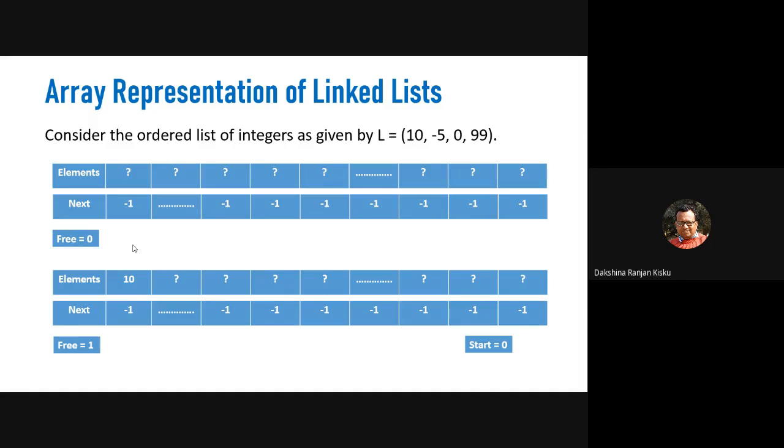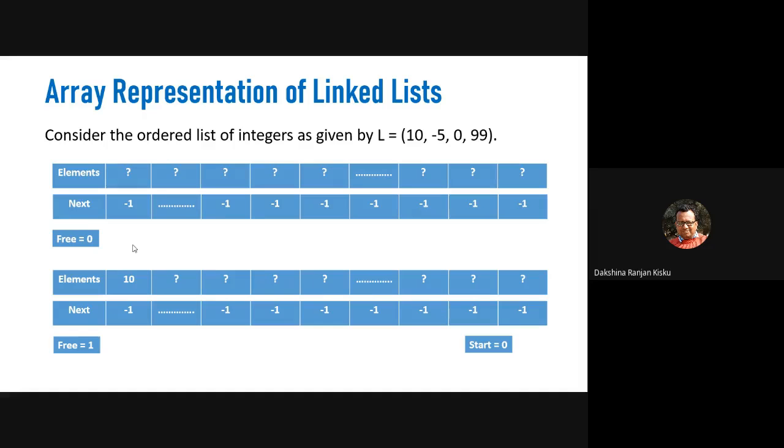Now to represent the linked list using array, we can consider two different arrays. The first array we call elements, and the second array is next. The first array will contain all the elements which are provided in the list L. And the second array will represent the link part of each node.